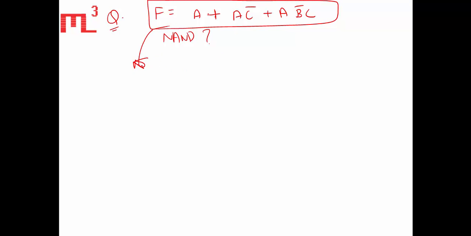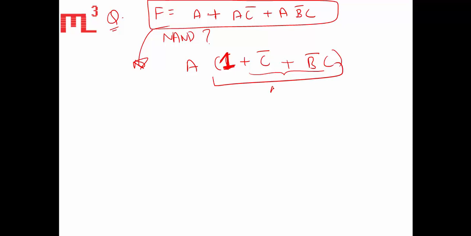So the simple thing is just start solving this expression. Taking a out of this whole expression, you will get this, and you all know adding 1 to all these terms will give you 1, a dot 1. This a is here, and this whole expression degenerates to 1, and a and 1 is nothing but a.